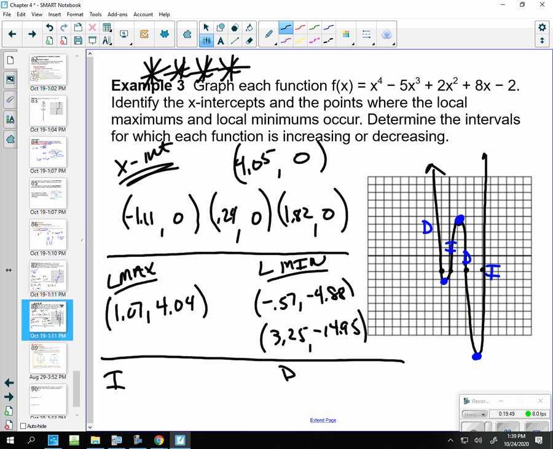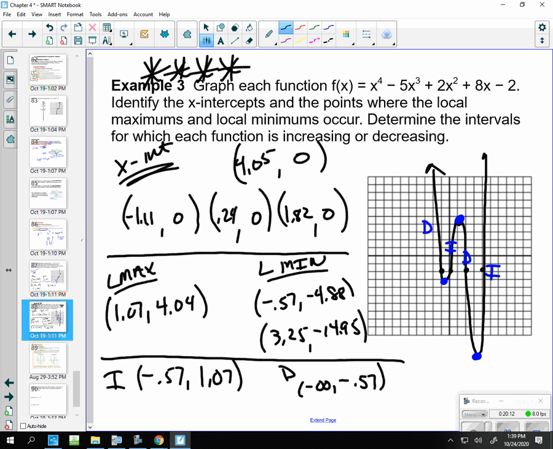increasing, decreasing. So I start off with negative infinity and I'm decreasing until I get to negative 0.57. So notice that is the local min at that particular location. Then at negative 0.57, it's increasing until it gets to 1.07.